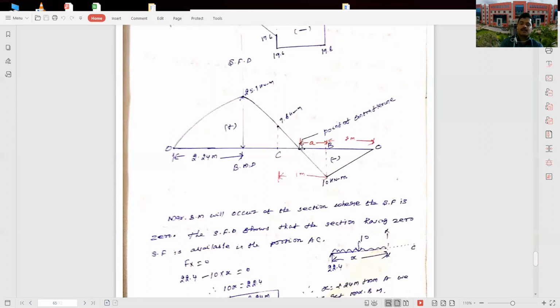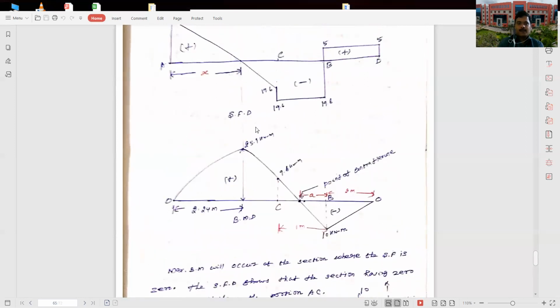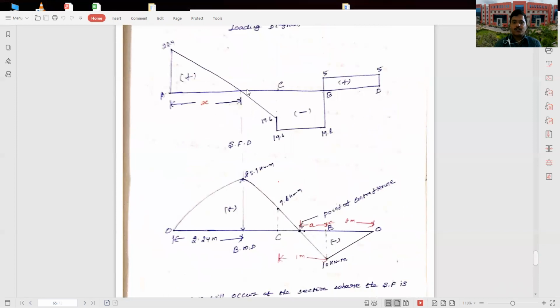That point is called the point of contraflexure. So keep in mind, where the shear force value is 0, there f of x value is equal to 0. If you substitute the x value, you will get the maximum bending moment. So where shear force is 0, there you will get the maximum bending moment. Where the bending moment is 0, that point is called the point of contraflexure or inflection point.